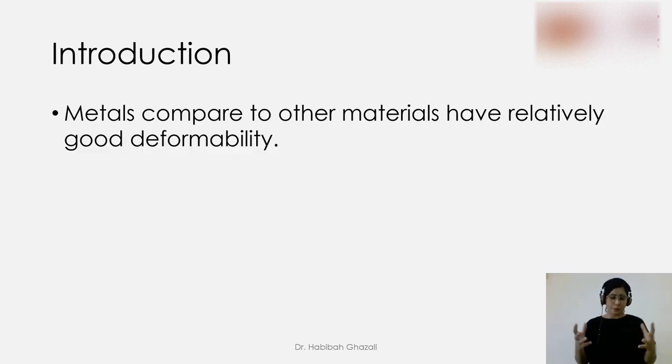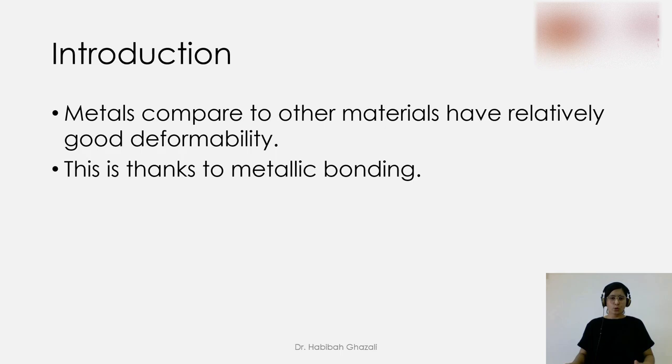However, with metallic bonding, the bonding inside the material is identical throughout the entire atomic structure. So when atomic planes are displaced, there are basically no changes in the atomic structure. Thanks to metallic bonding, metals have good deformability, as the ions can just slide on top of each other.